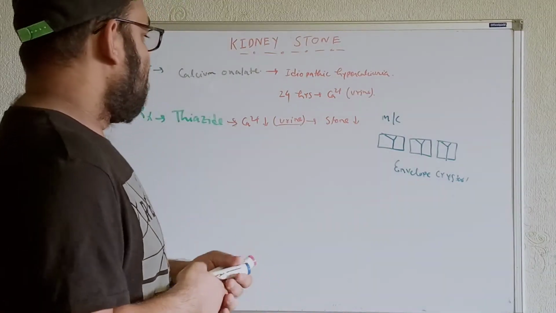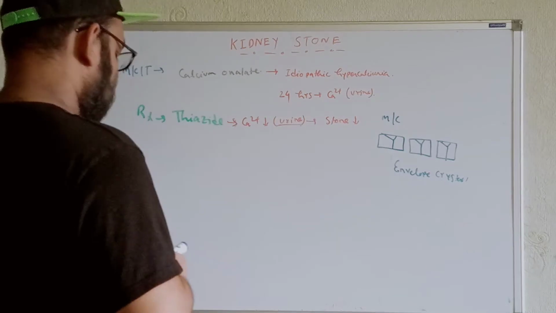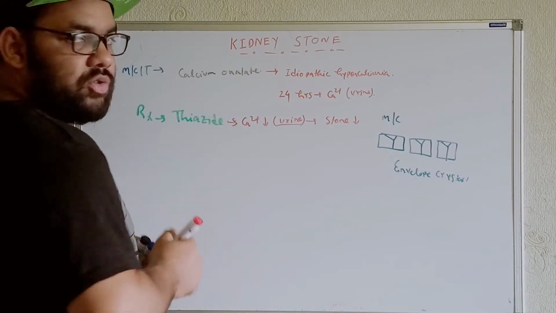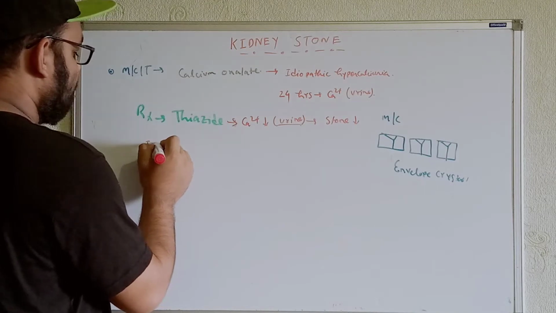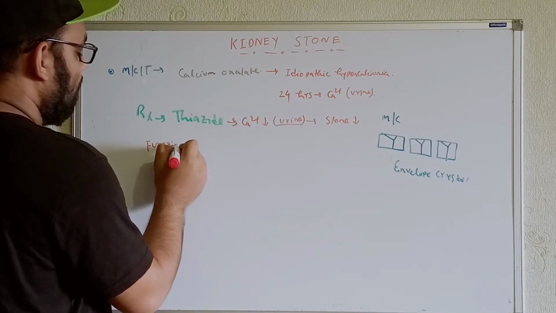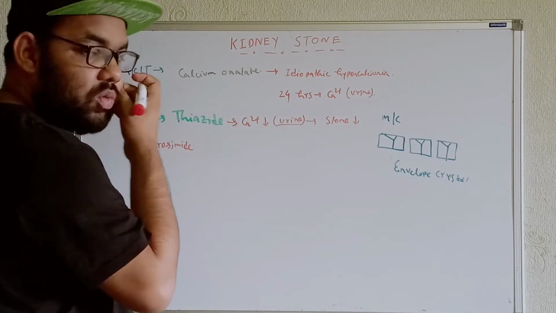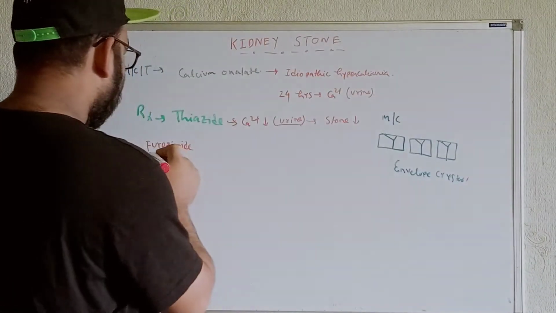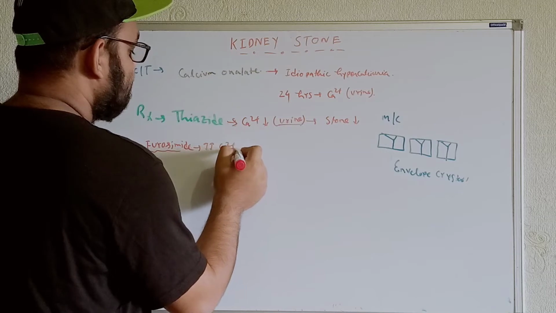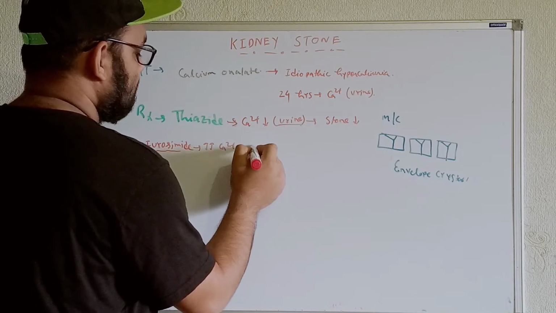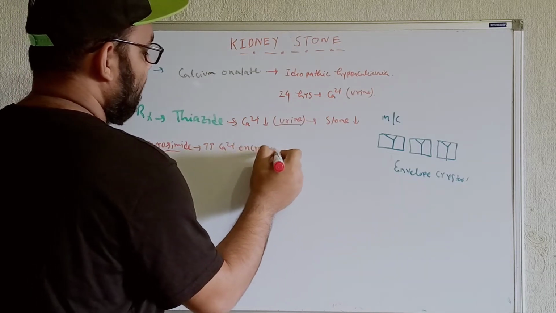Okay. Now, along with that, if I say the loop diuretics, can you use furosemide? No, I'll say we cannot use furosemide. Why? Because when you use furosemide, that will increase calcium excretion through urine.